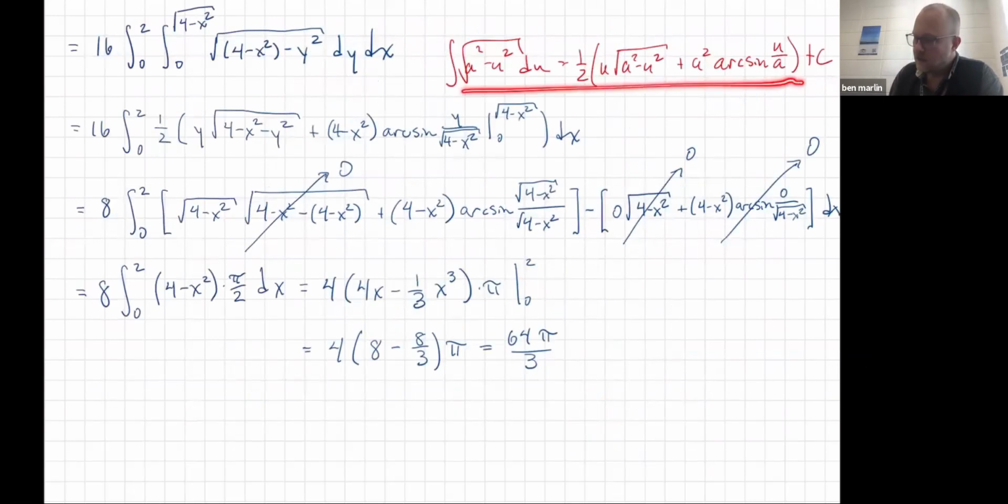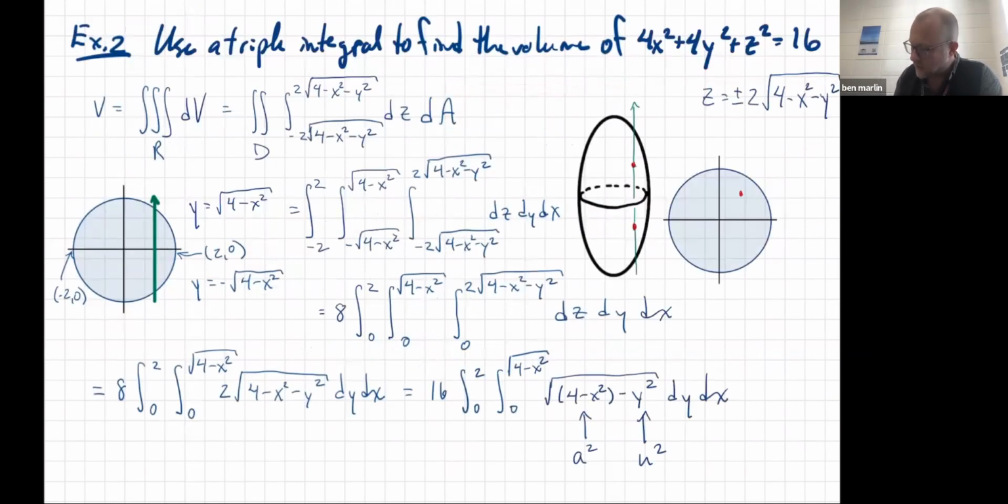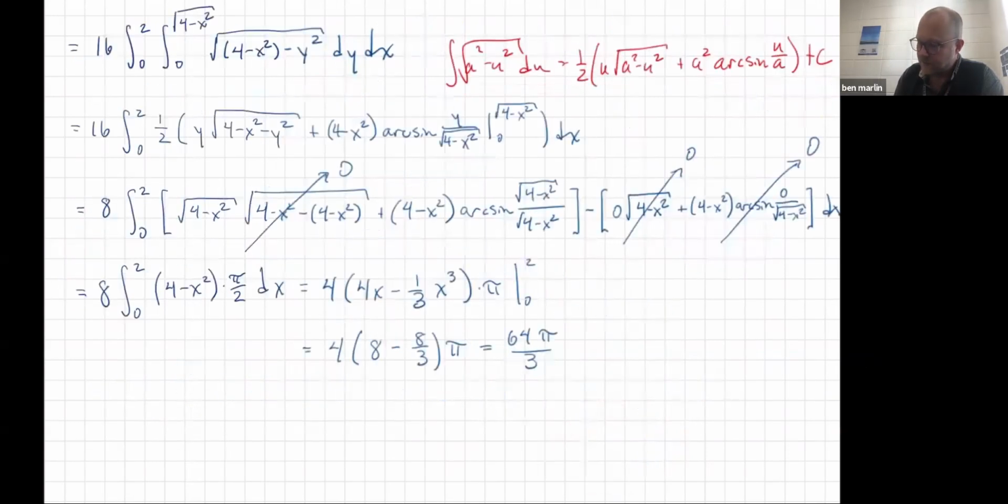Okay. So, so that's there. I'm trying to integrate, and I have to recognize how to look it up in a table. So once I do that, then just interpreting here, the y is the u, and the square root of 6 minus x squared is the a, okay?